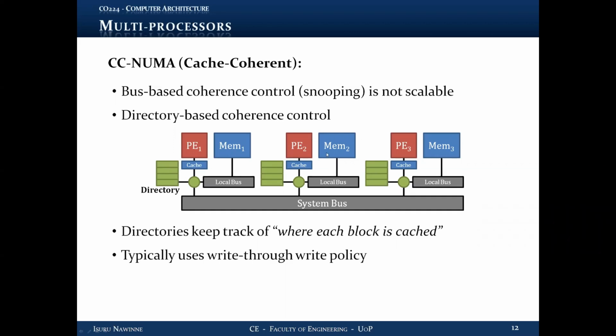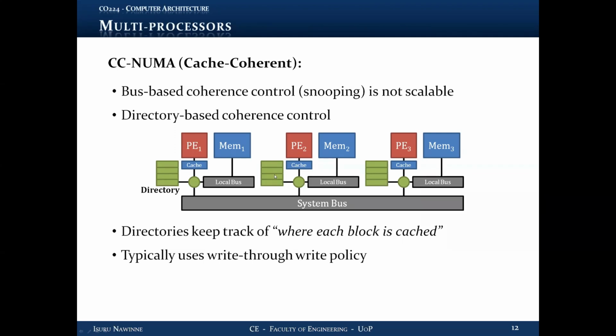The other address ranges on other nodes are kept in local directories there. The directory itself is distributed. So the cache controller might need to look at the local directory if it contains the information about a particular block, otherwise it will need to go and look at other directories as well.